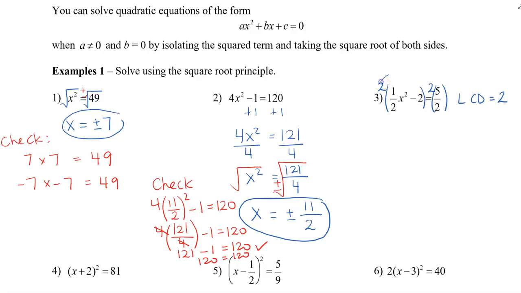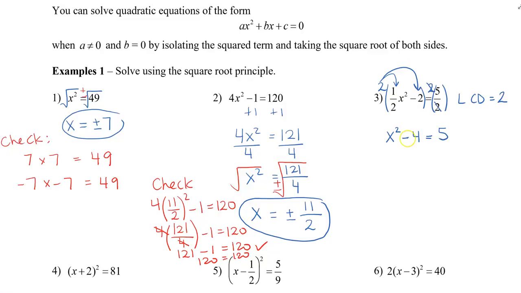So it's going to be 2 times a half x squared. So 2 times half means there's 1, so I have x squared. And then don't forget we have to also go 2 times negative 2, so that will be negative 4. On the right side, I have 2 times 5 over 2, and the 2's will cancel off to give me just 5.